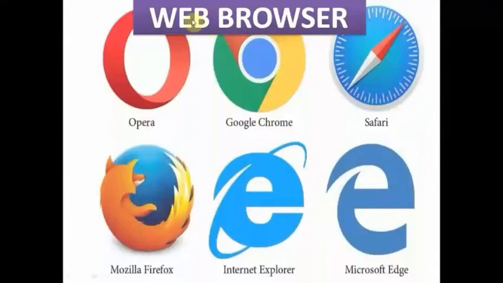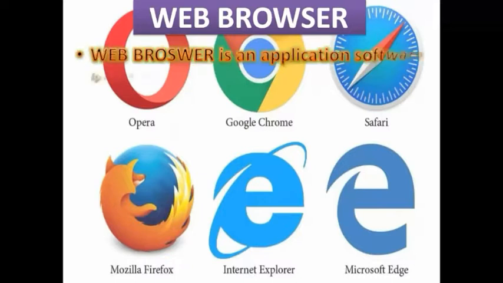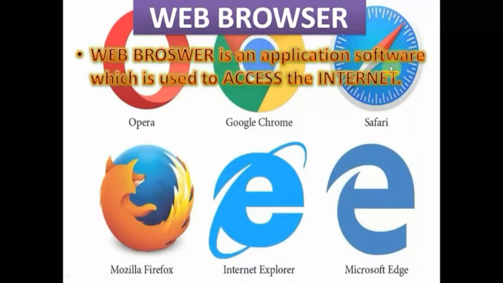Now we are discussing web browser. So let's begin web browser. Opera, Google Chrome, Safari, Mozilla Firefox, Internet Explorer, Microsoft Edge. These all are examples of web browser. But first of all, you have to know what is web browser, what does it do. So first point, web browser is an application software.